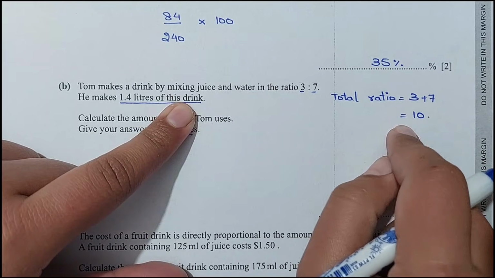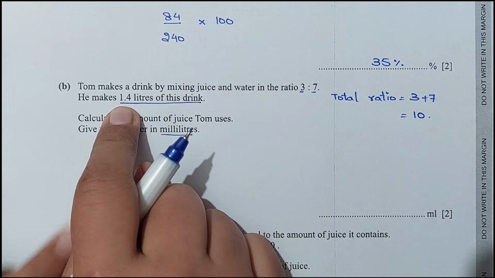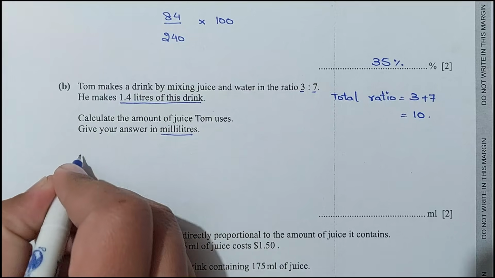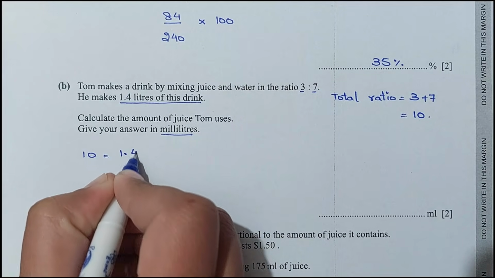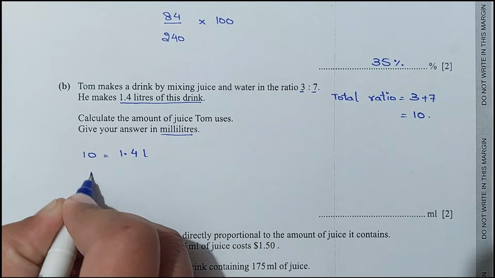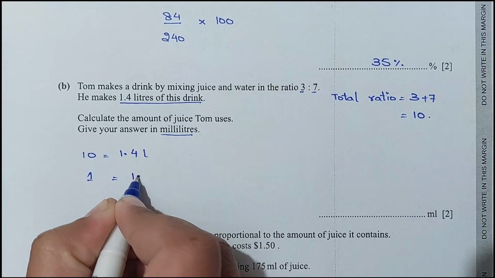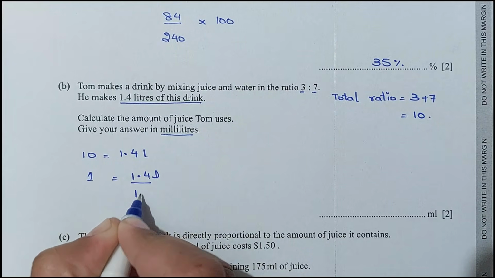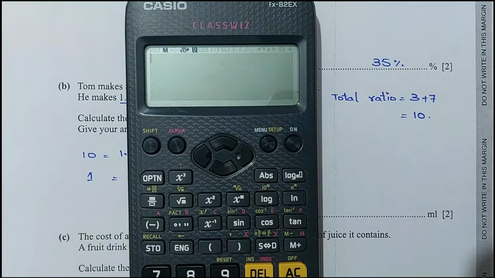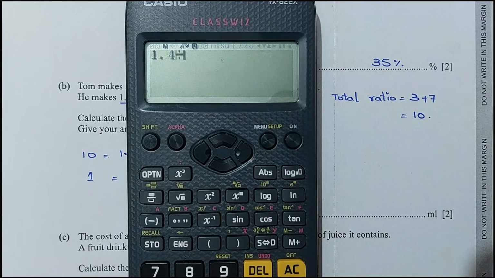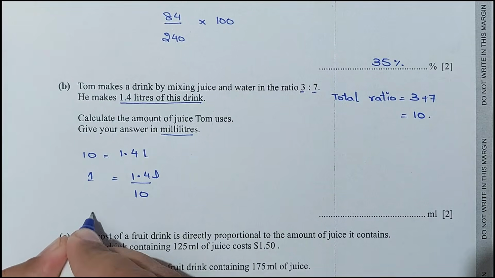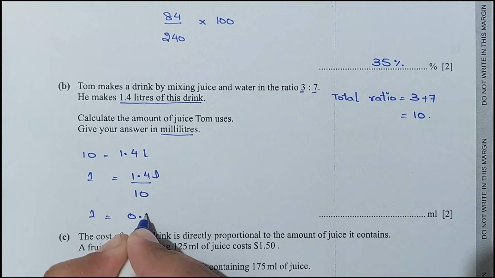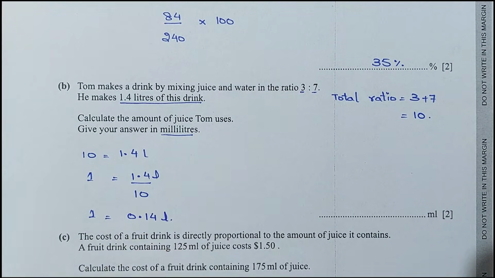It means 10 equals 1.4 liters, right? So what does 1 equal? 1.4 liters divided by 10, which is, sorry, 0.14. So 1 represents 0.14 liters, right?